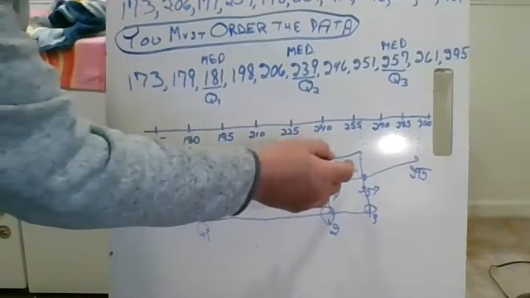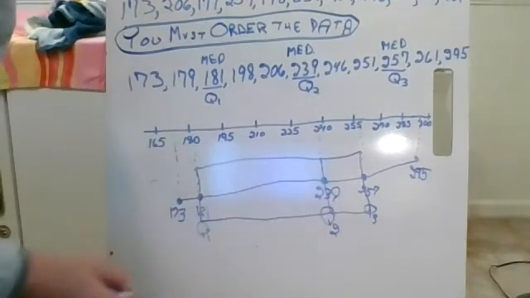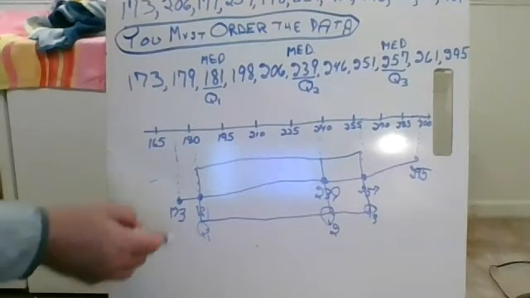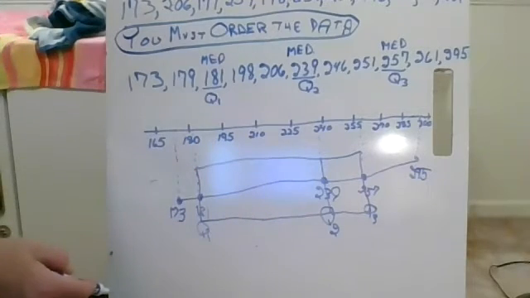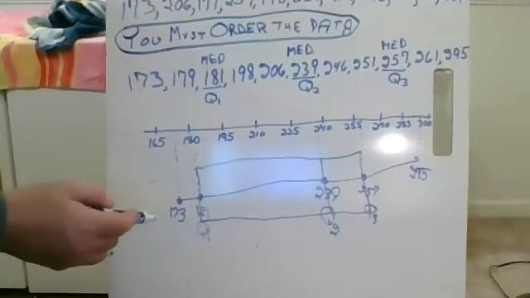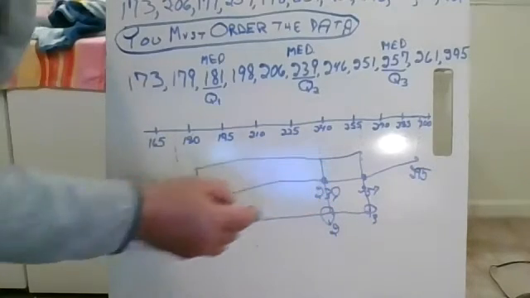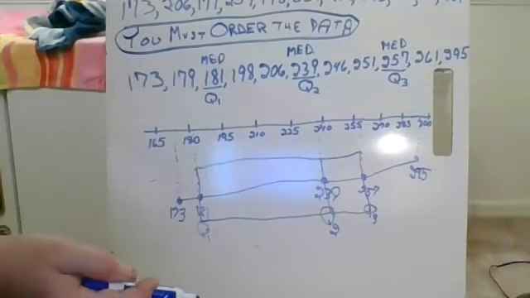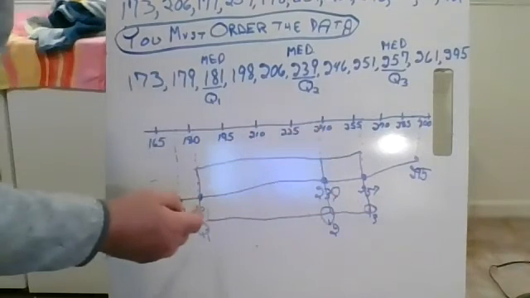What percent would be in this big box from Q1 to Q3? Come on, each segment is 25%. So you've got two segments, or 50%. 50% of the data lies in the big box.